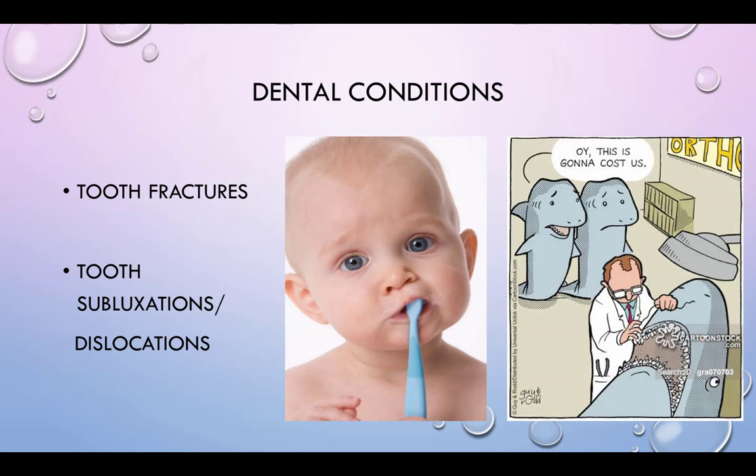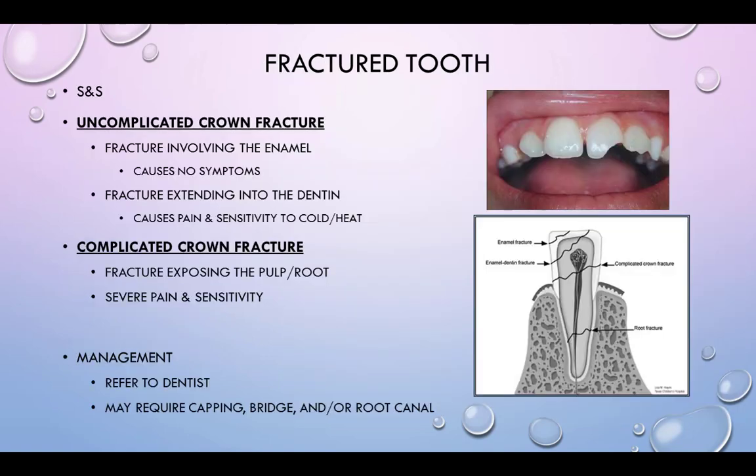Dental conditions include tooth fractures and tooth subluxations and dislocations. Different parts of the teeth can fracture. An uncomplicated crown fracture includes a fracture involving the enamel, or the most outer layer portion of the tooth, and it may not cause any symptoms. It can also be a fracture which extends into the dentin, which will result in pain and sensitivity to cold and heat.